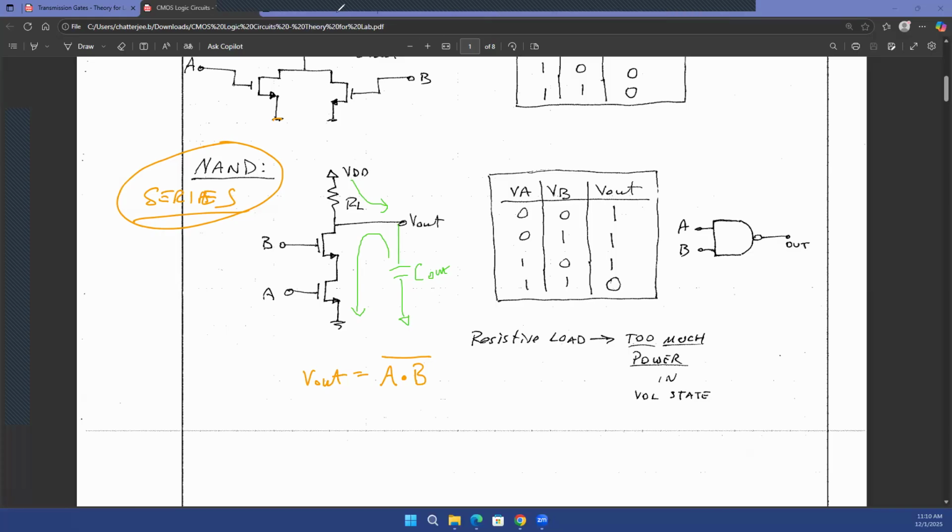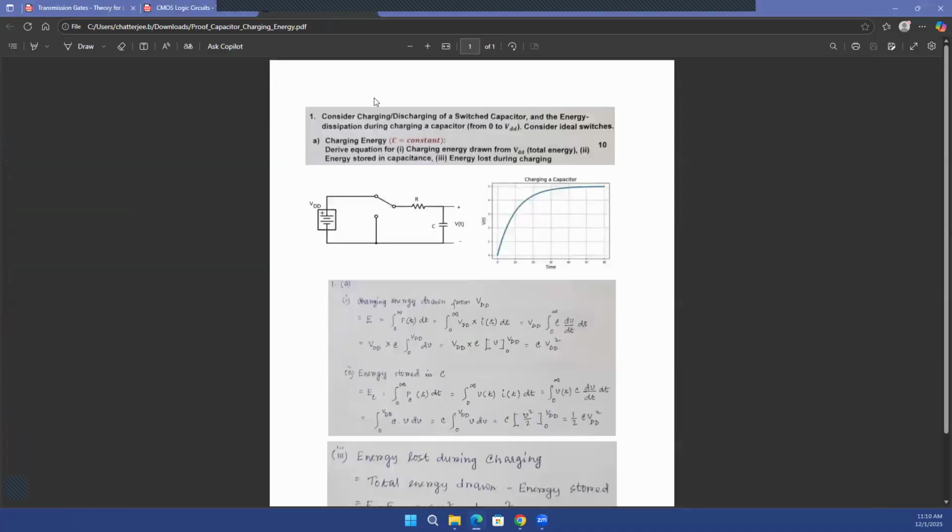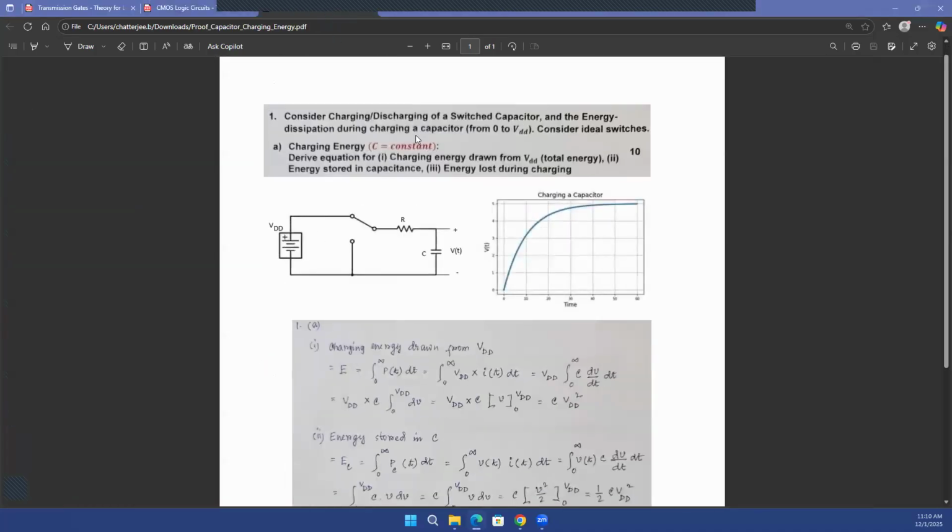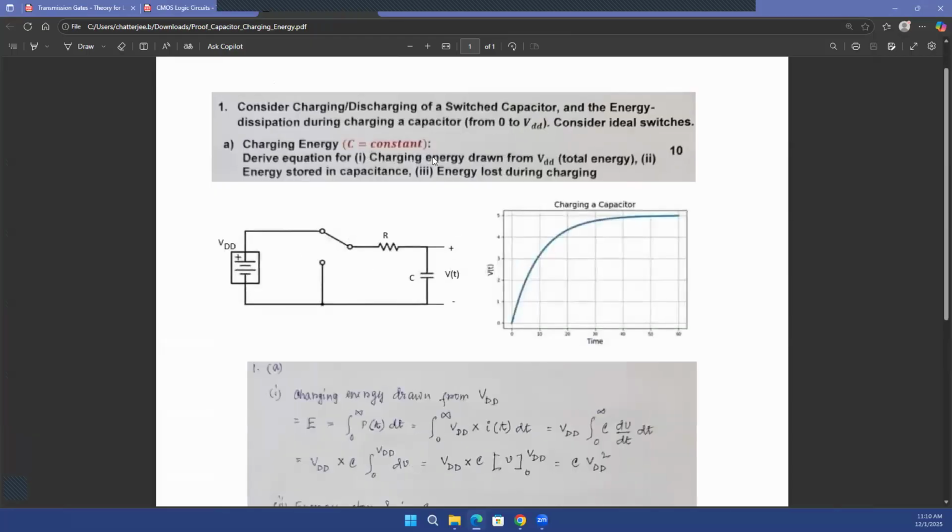So I want to go back to a different PDF here, which is also uploaded on Canvas, which has the proof of the charging or discharging power consumption of a capacitor. And this is something, again, you have studied in high school.